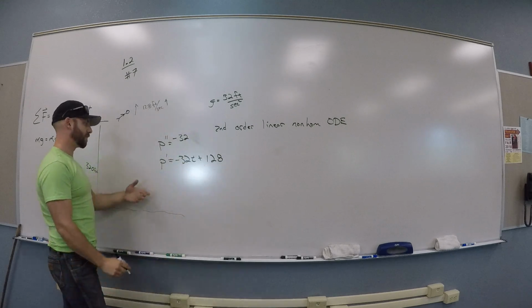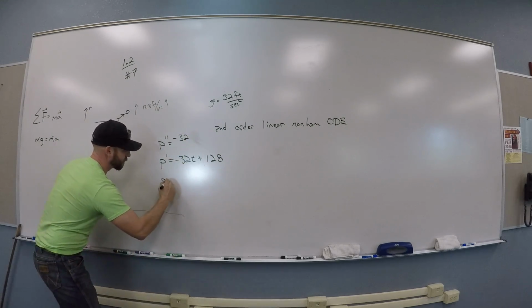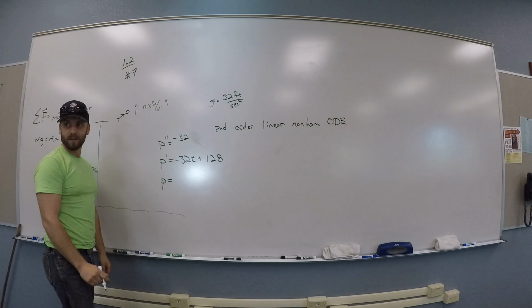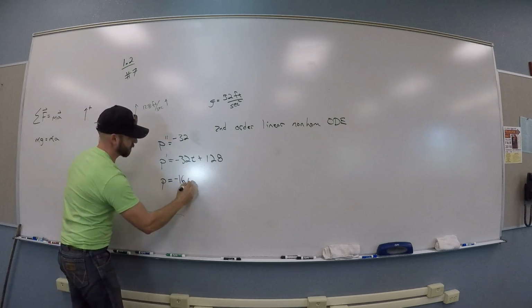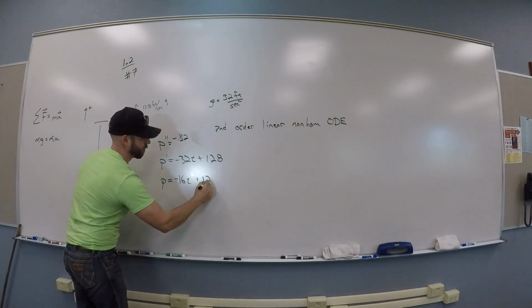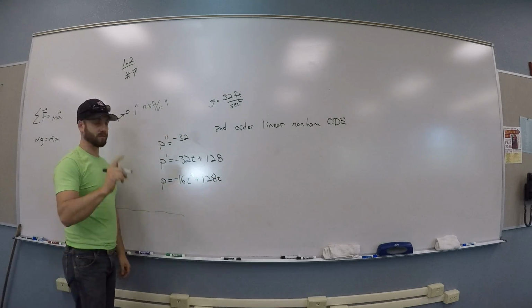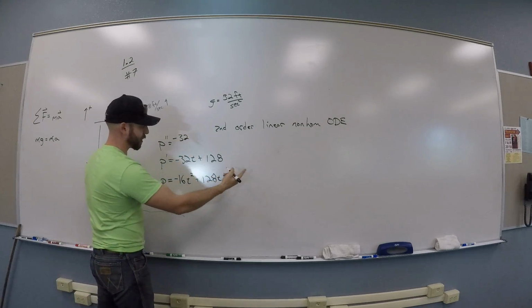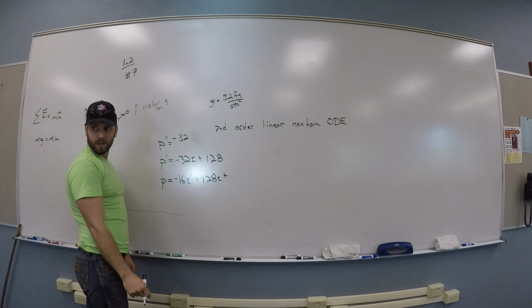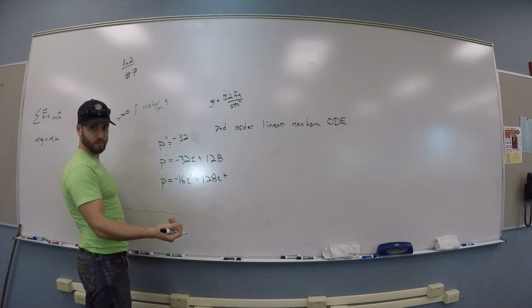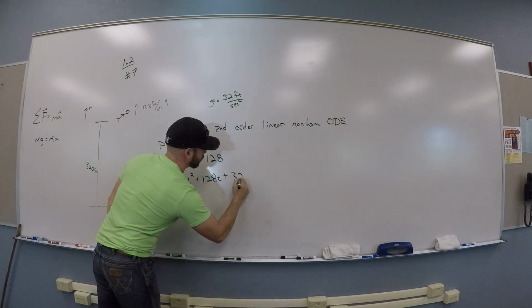And then I need to integrate both sides again. So p is minus 16t squared plus 128t plus some other constant, and this constant's the position at time 0, which is 320.